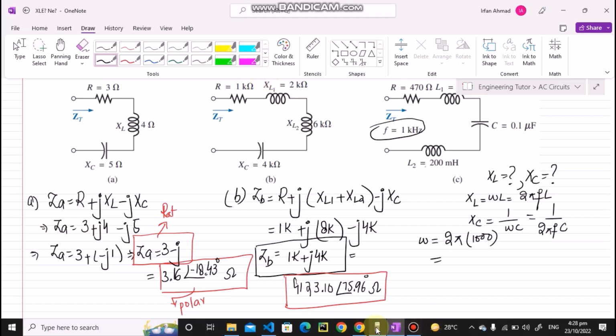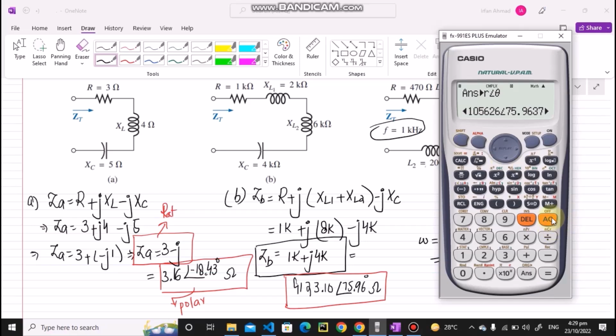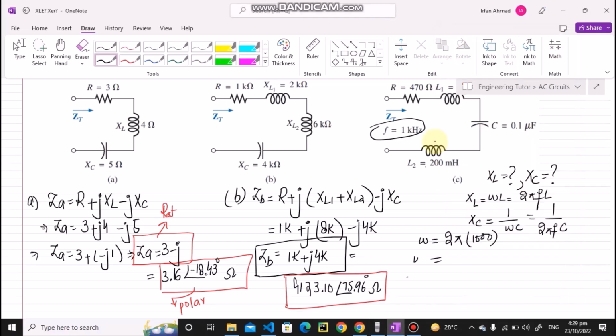Calculating it, 1000 multiplied by 2 multiplied by 3.14 gives 6280. So omega is 6280 radians per second.